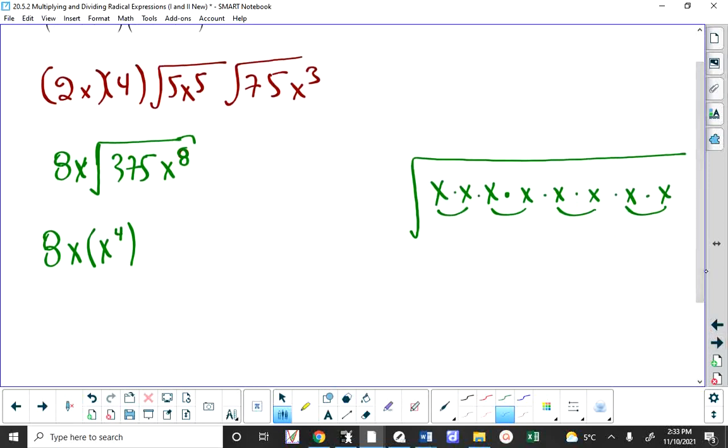The 375, well, I'm actually kind of a big fan here of figuring that out on the side as well. I know 25 goes in there. It has to, because there was a 5 in each of these, wasn't there? And I know the other number is 15.